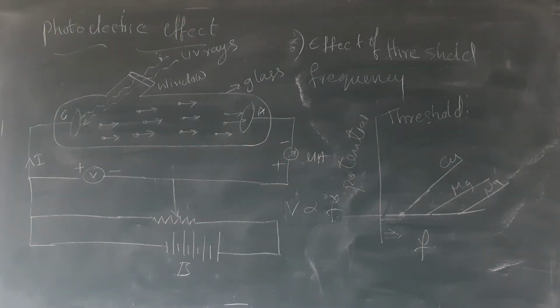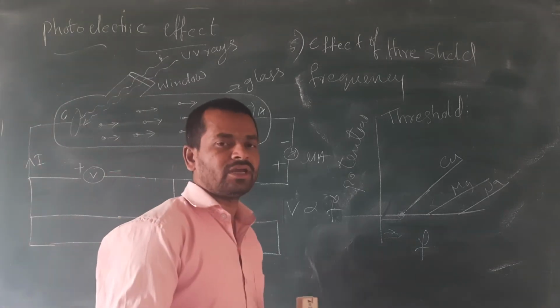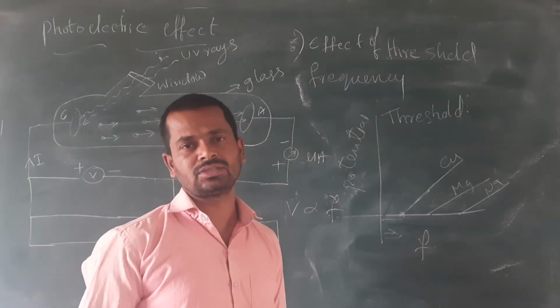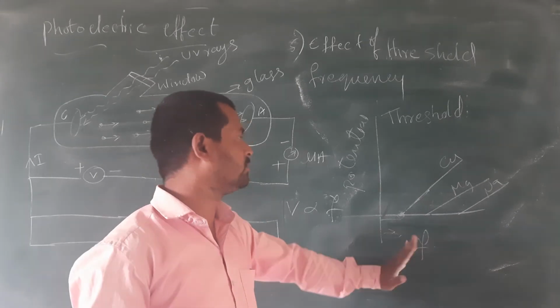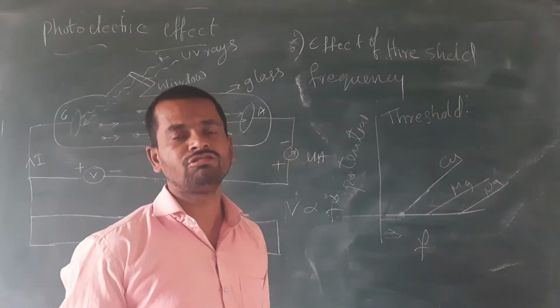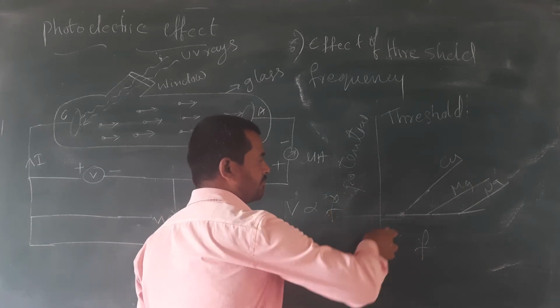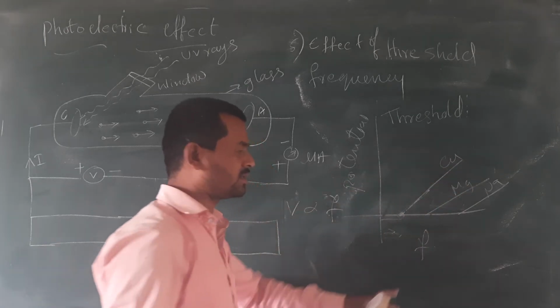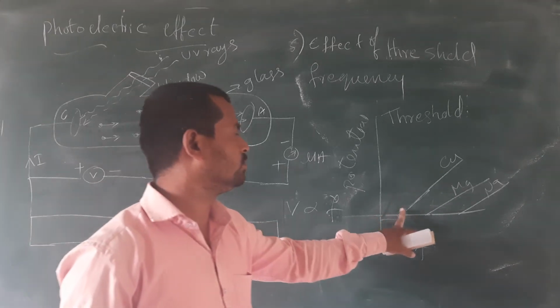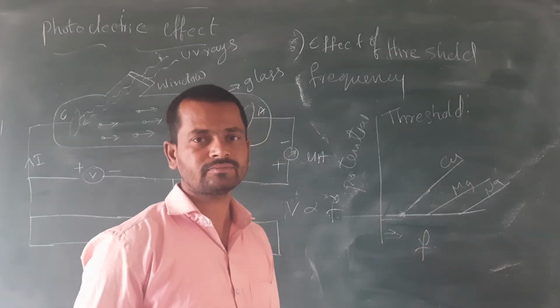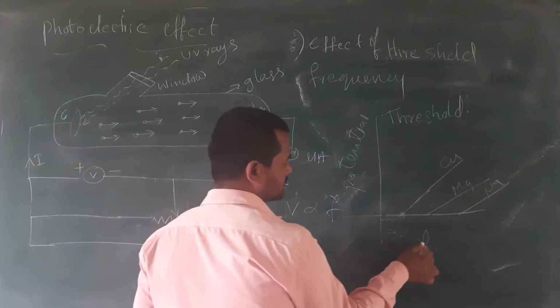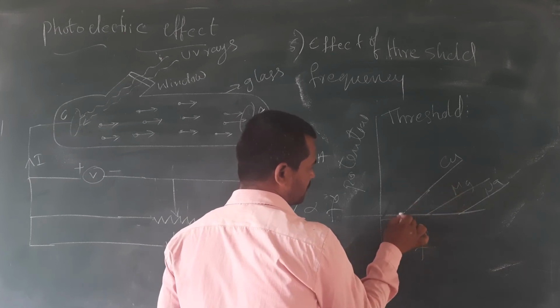Threshold frequency means the minimum frequency at which current starts flowing. If you draw a graph of potentials versus frequency for the different metals, you may get it like this.